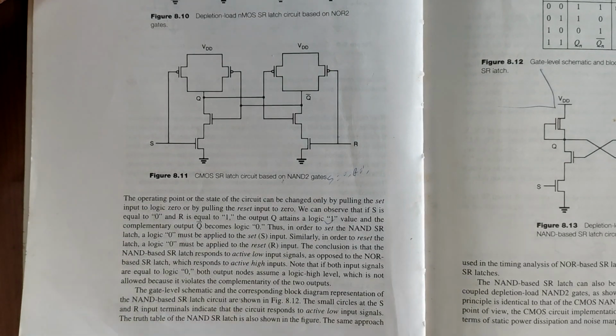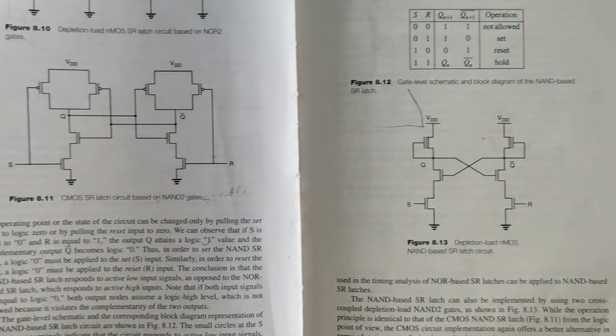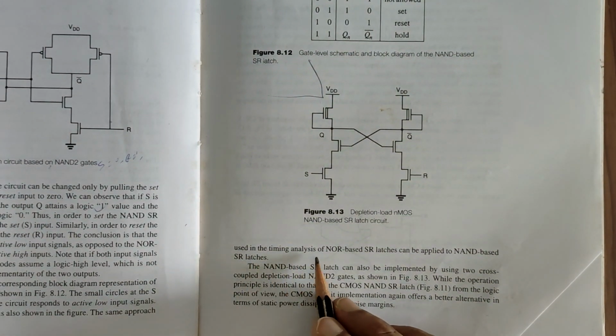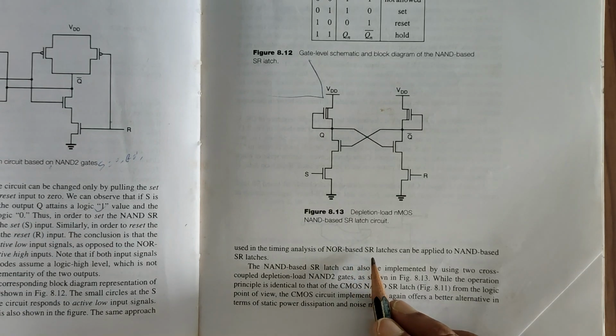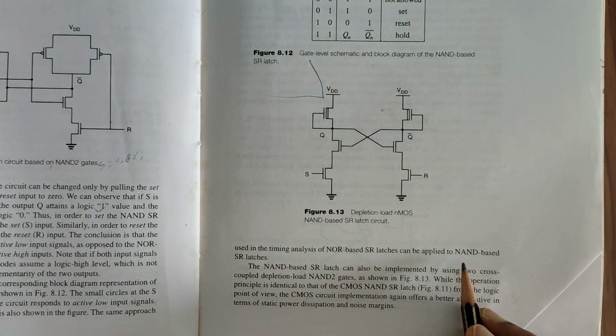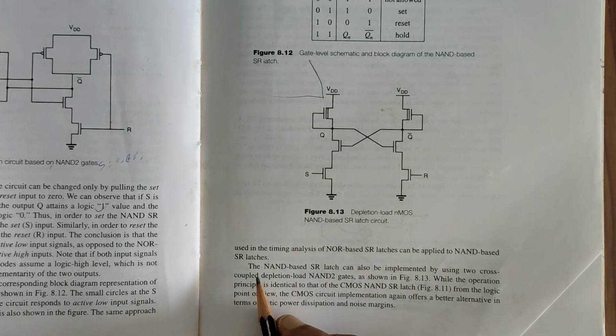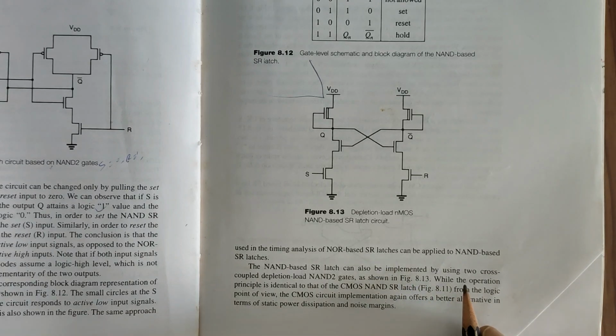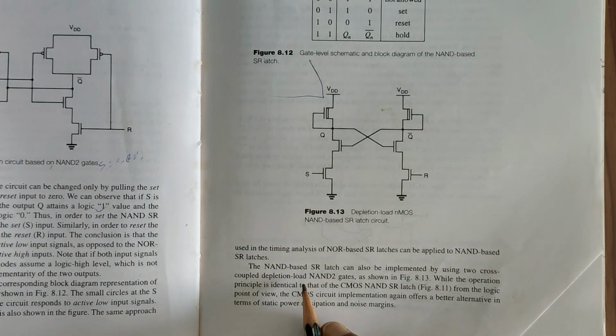The same approach used in the timing analysis of the NOR based SR latch can be applied to NAND based SR latches. The NAND based SR latch can also be implemented by using two cross-coupled depletion load NAND gates as shown in the figure.